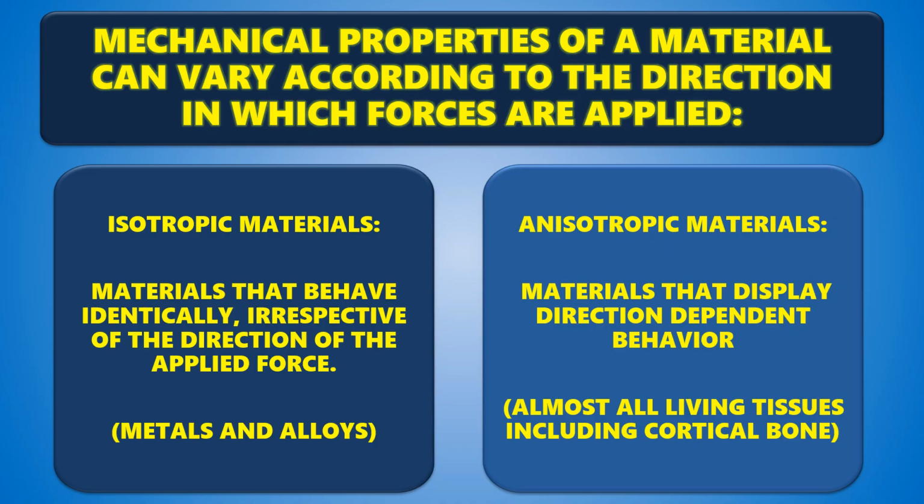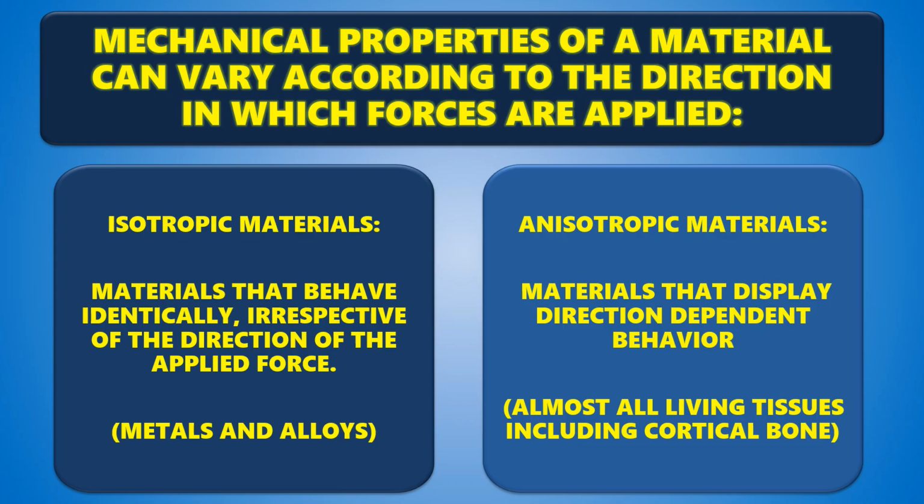The materials that we frequently use in our practice can behave differently according to the direction of force, and it can be divided into two types. Either isotropic materials that behave identically irrespective of the direction of the applied force, and the example for such materials, metals and alloys.